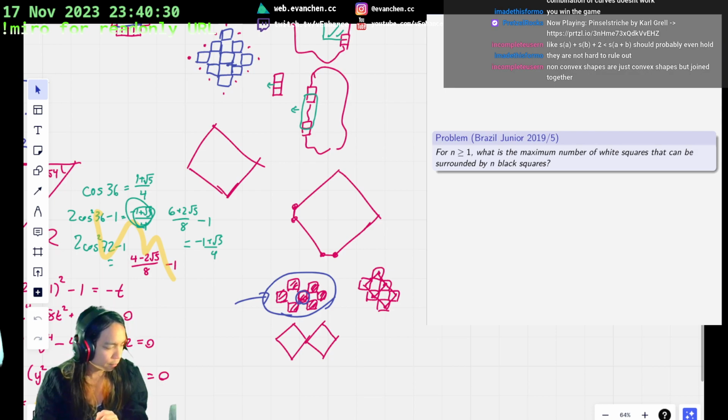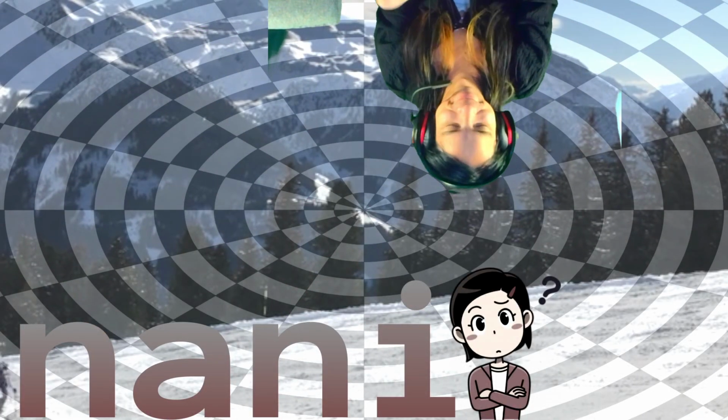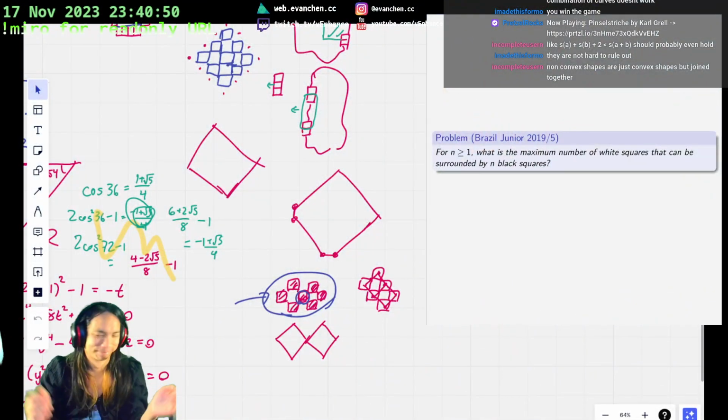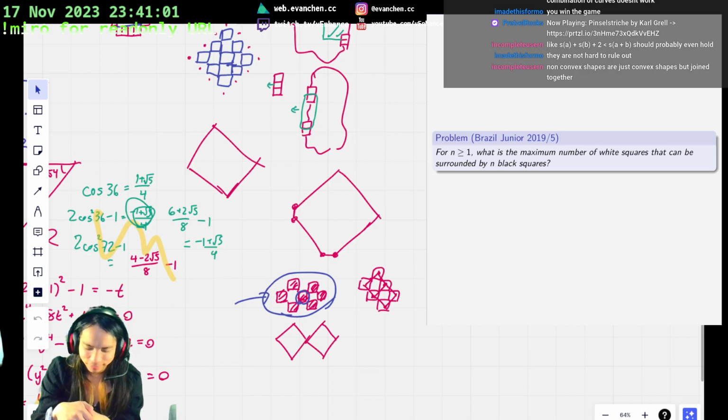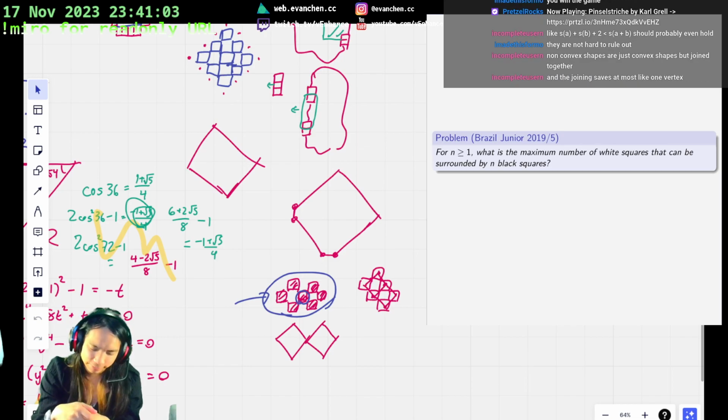Yeah, they are not hard to rule out. But I think you should get cycles joined at vertices, and then those are obviously not good. Yeah, the joining is bad.